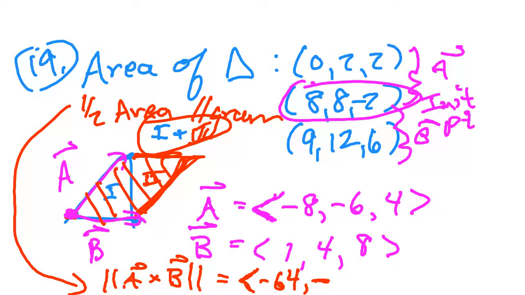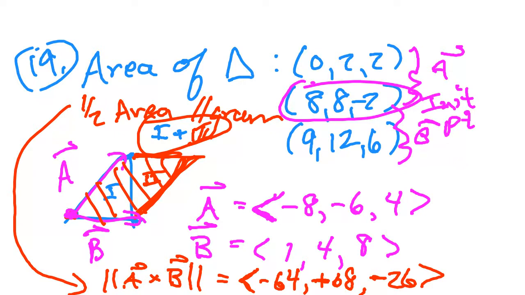Minus 64 minus 4 is minus 68, so that ends up being a plus 68. Then cover up the last ones, and it's minus 32 minus a minus 6, so minus 32 plus 6 is minus 26. Is that right? Hopefully.